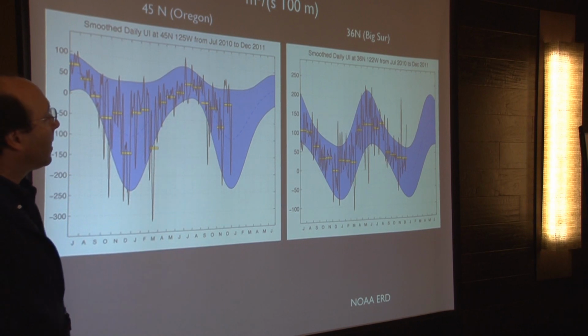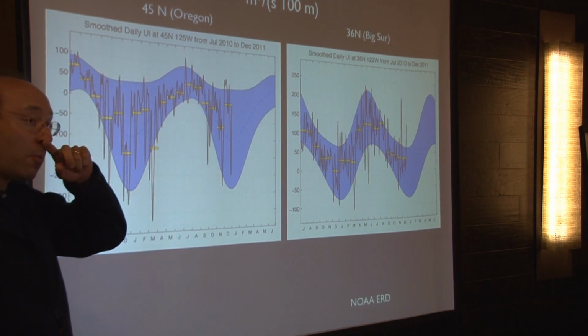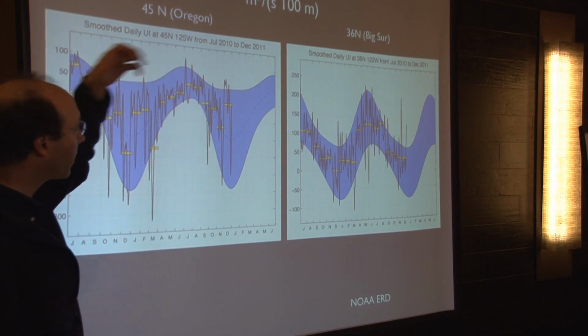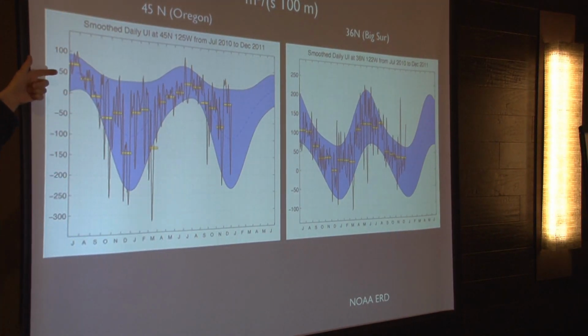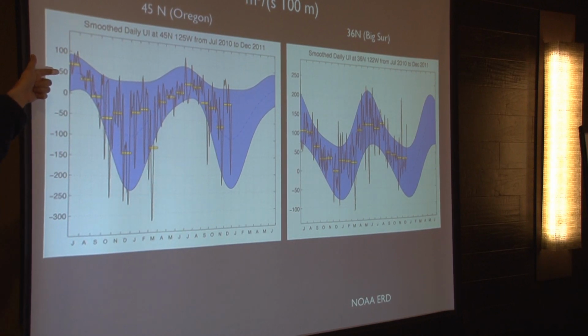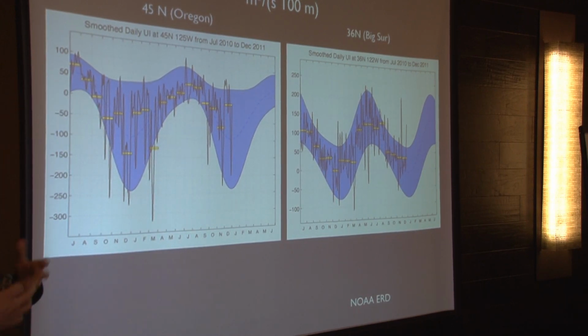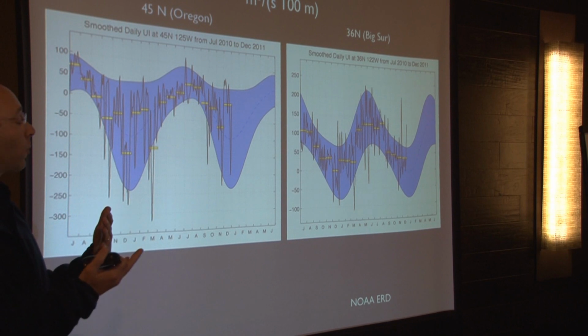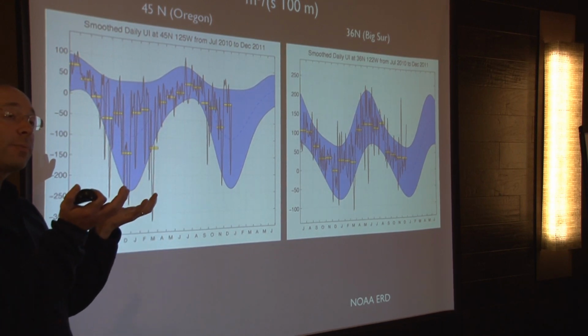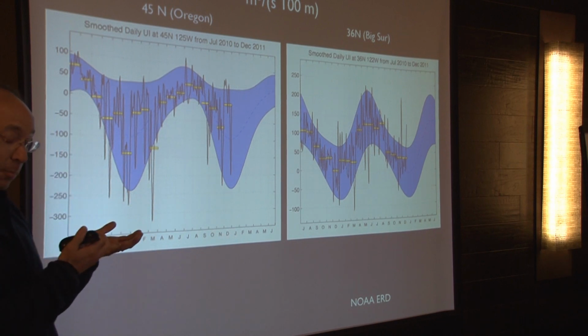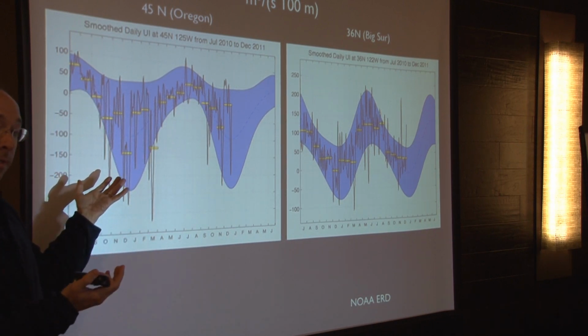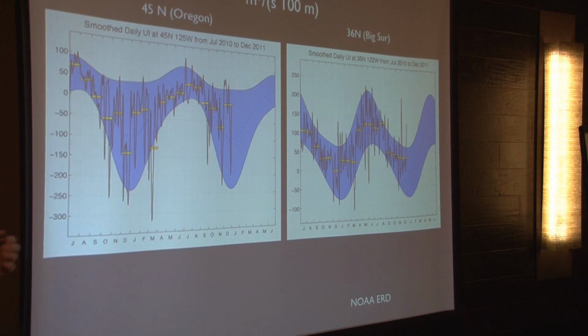Also, to highlight that variability, I show two upwelling indices. This is from off of Oregon and off of Big Sur here, and the scales of these are different. So the upwelling index represents a theoretical prediction based on atmospheric winds of what the volume transport is within the upwelling cell. It's the well-known Bakun upwelling index, and this is produced by NOAA ERD down in Pacific Grove regularly from atmospheric calculations through the Navy.